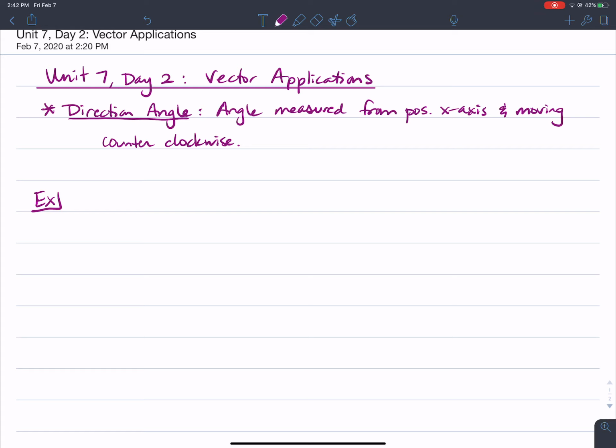So now, if you have the angle, find the component form of the vector.